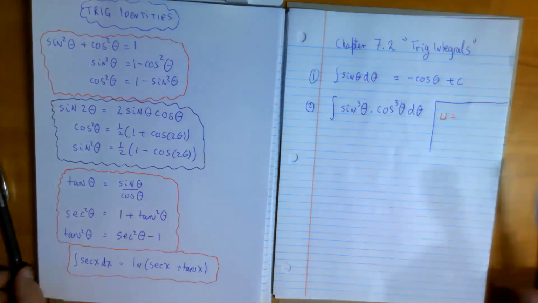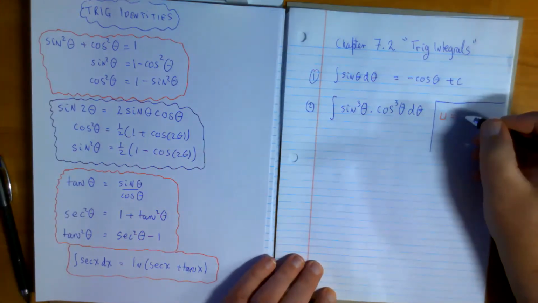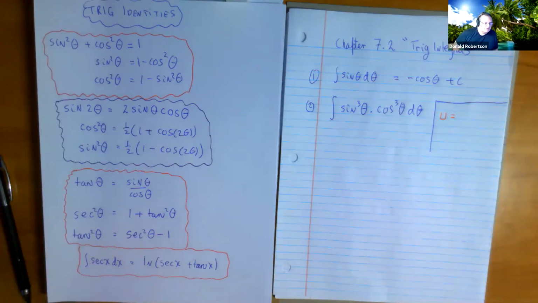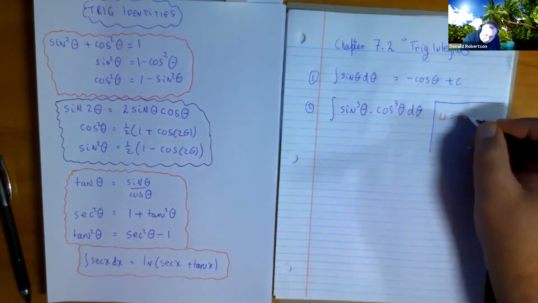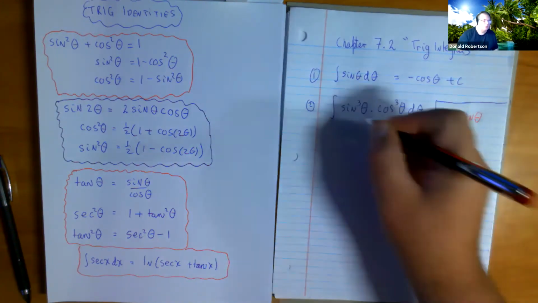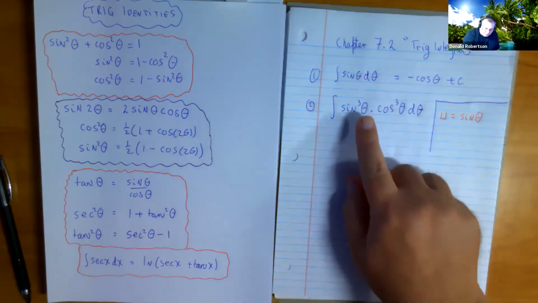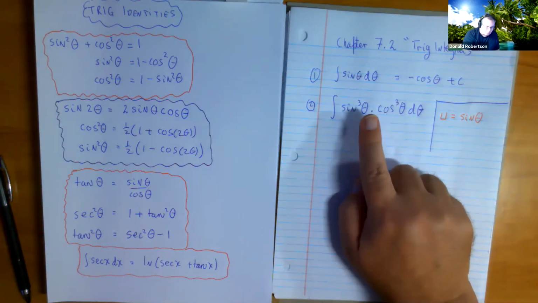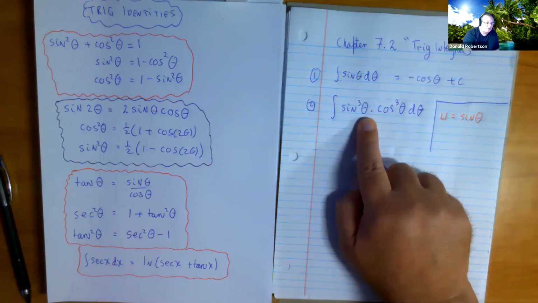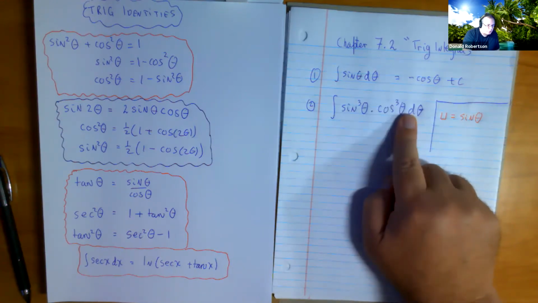It doesn't matter. It doesn't matter. So give me one. I don't care which one I use. Sine. It doesn't matter in this situation. If both powers are the same, you're going to end up doing pretty much the same amount of work if you use this as your U-sub or if you use cosine theta.